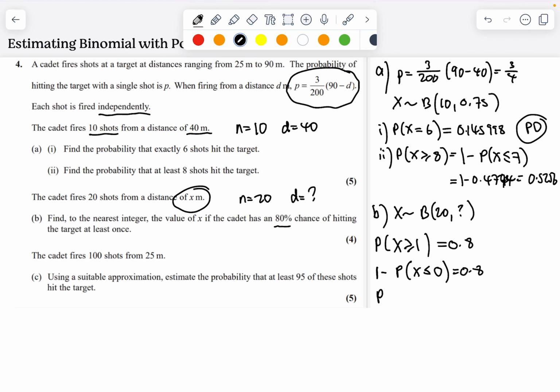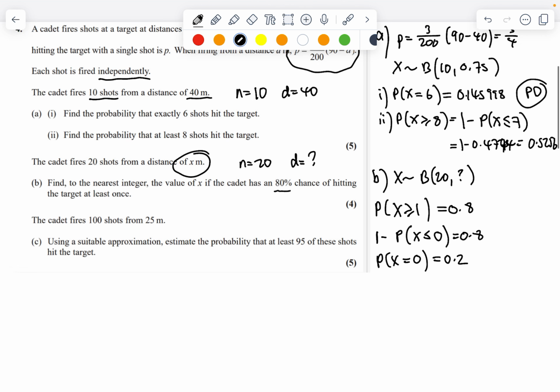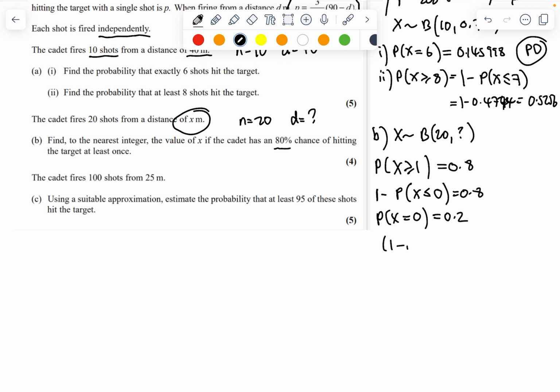That just leaves us with the probability that X is equal to 0, so he doesn't hit anything, and the probability of that has got to be 0.2. We know that the probability of missing is 1 minus the probability of hitting. So he misses 20 times, and that gives us 0.2.